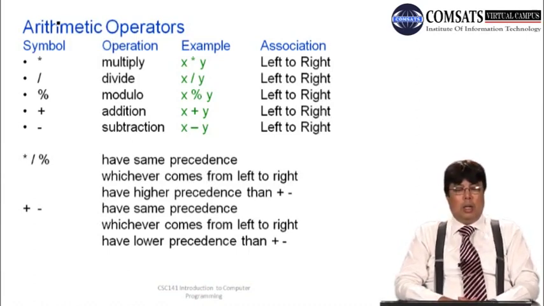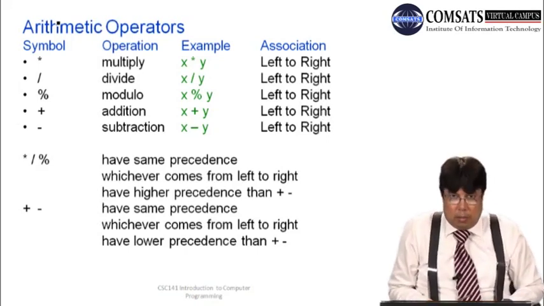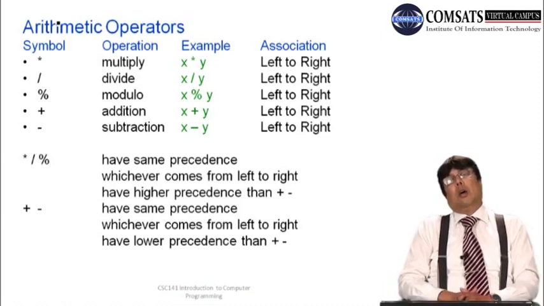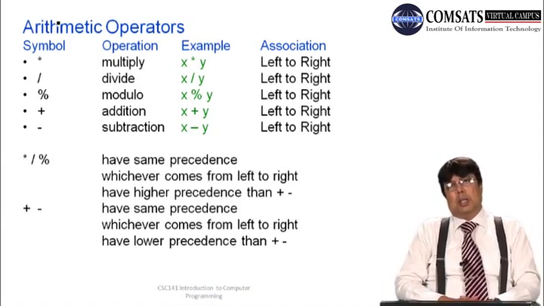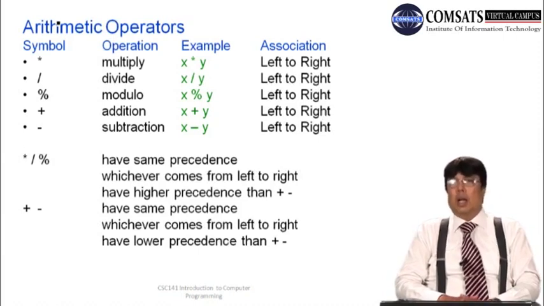So multiplication, division and percentage have the same precedence level. So whenever there is a competition between the operators having the same precedence level, तो prevail क्या करेगा? Who will be the winner? The winner will be whichever comes first from left to right.